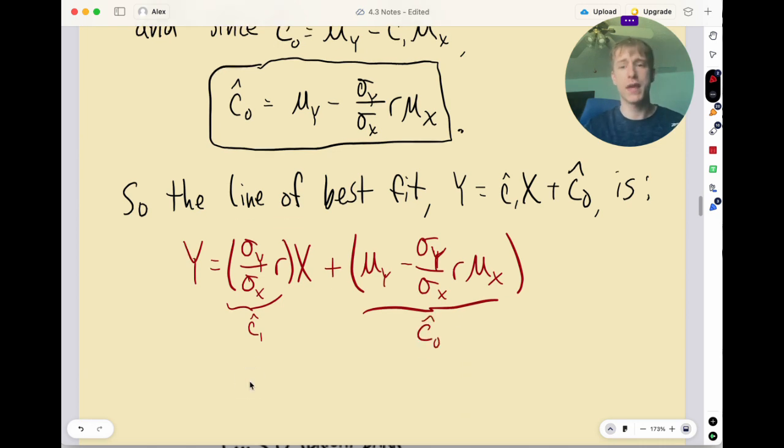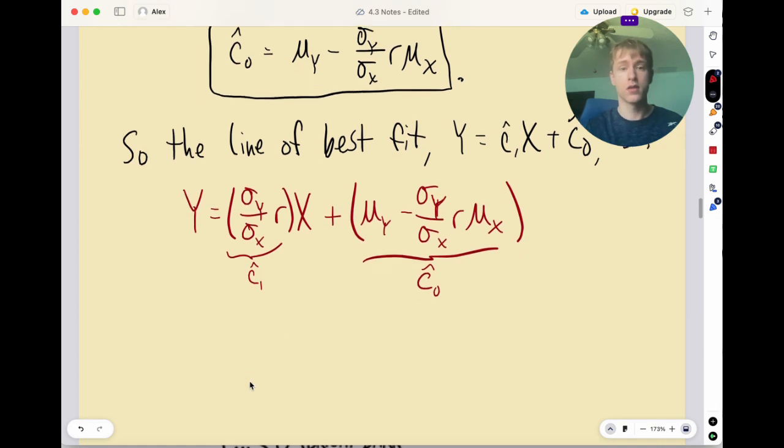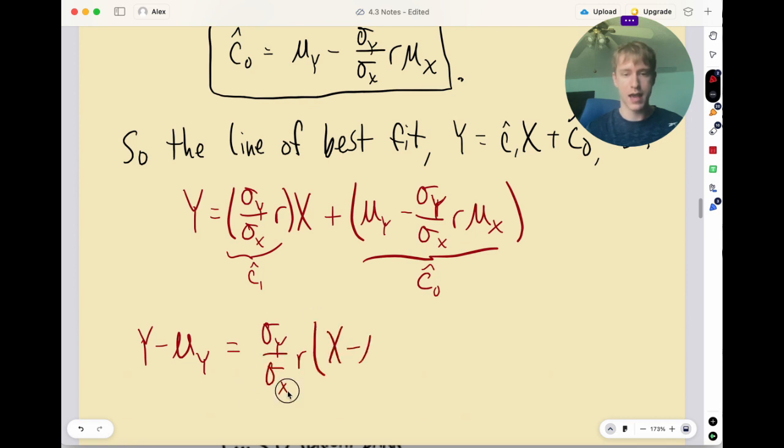And then rearranging things a little bit more favorably, we get the following. You know what? I'm going to write it a little differently. I'm going to write it as this. Y minus mu sub y is equal to sigma y over sigma x times r times x minus mu sub x.